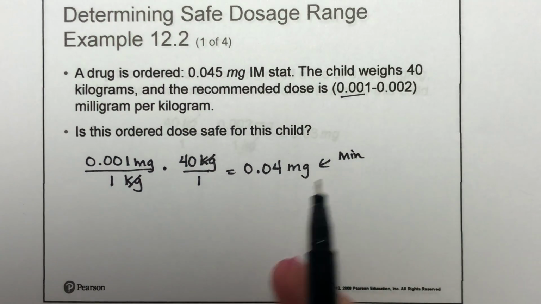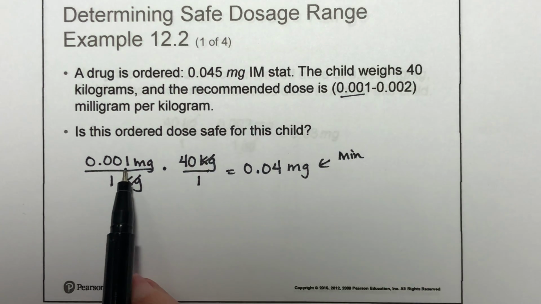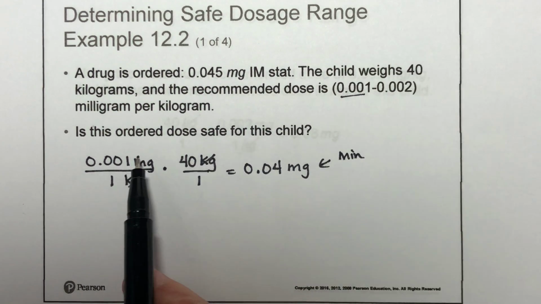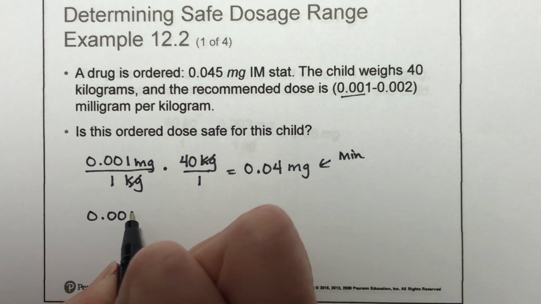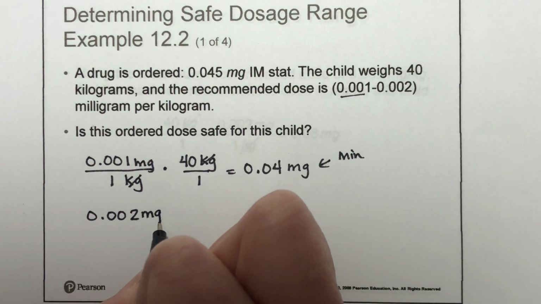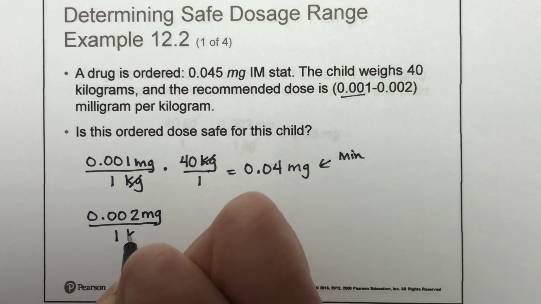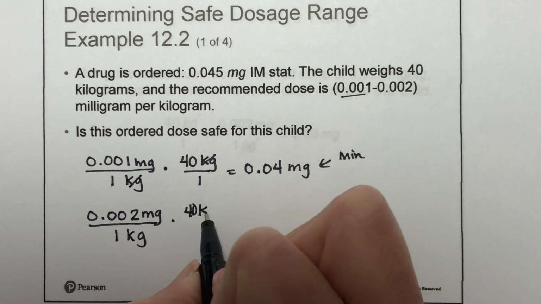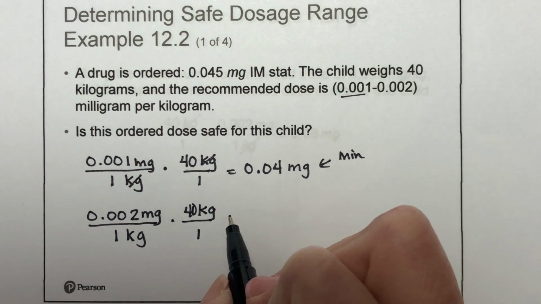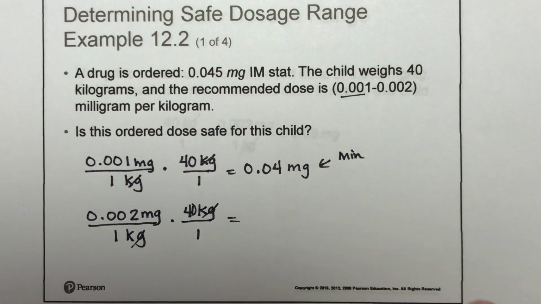Now let's find the maximum dose. The only difference is that right here, we're going to have the 0.002 instead of the 0.001. Every other bit of this is the same. The child still weighs 40 kilograms. Our kilograms still cancel out.